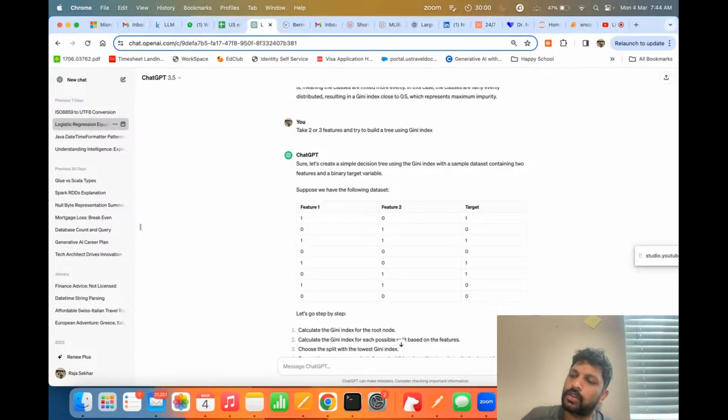1 comma 1 has 0, 0 comma 1 will have 0, here 1 comma 1 is also 0. 1 comma 0 will be 1 by 2, 1 by 2, that will be 0.5, and we have 0 comma 1, that's also 0.5, 0 0 0.5.